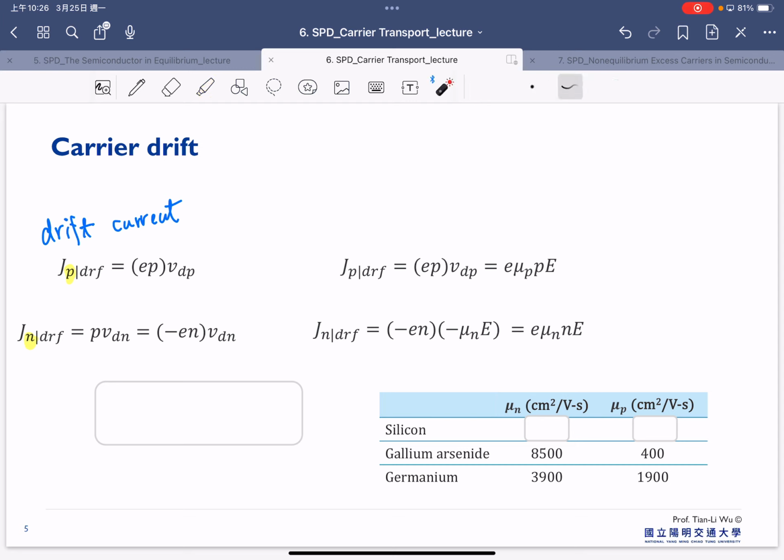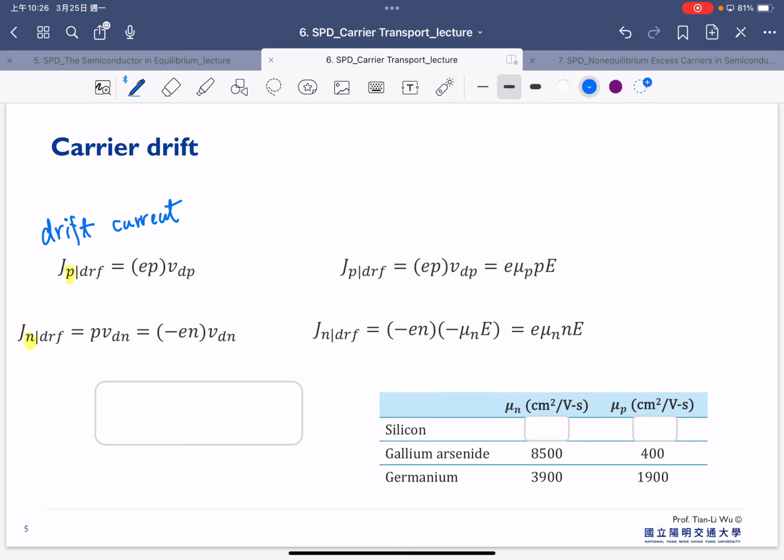That's mainly related to your concentration for the holes times your velocity, and your drift current for your electrons is related to your electron concentration times your velocity. So of course this one can also be expressed by this one, and this VDN will also be equal to this one.